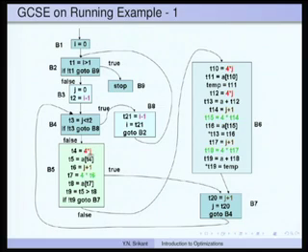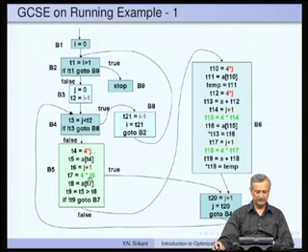Here is 4 star j, here is 4 star j, and here is also 4 star j. Then 4 star T6 will become a common subexpression only after a round of copy propagation, but for the present let us worry about 4 star j, I minus 1 and j plus 1 also. Here is j plus 1 and here is j plus 1, one more instance of j plus 1.